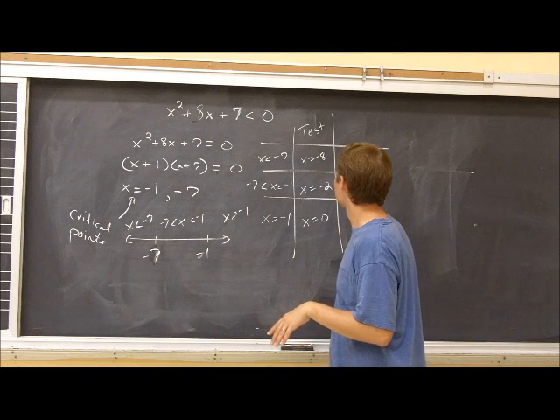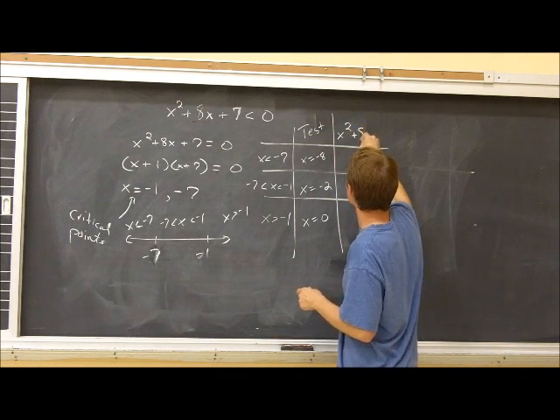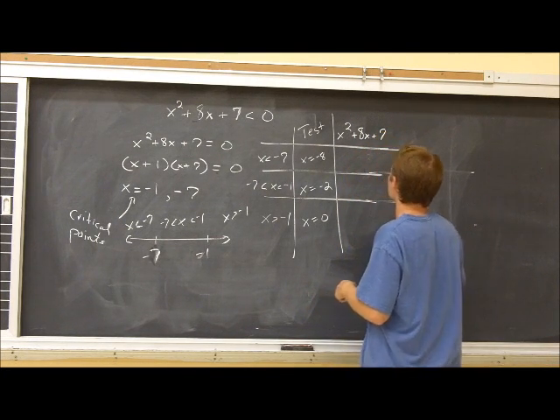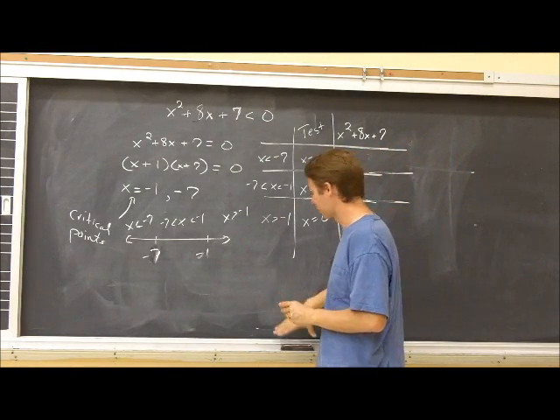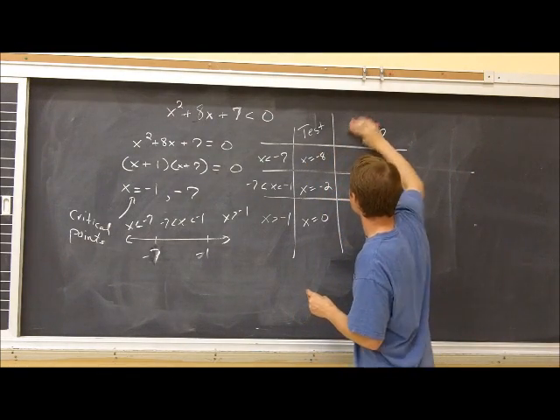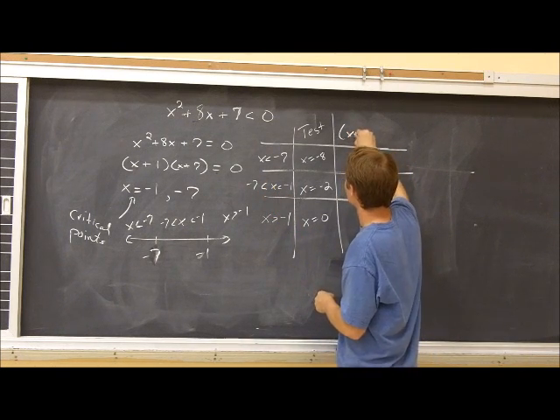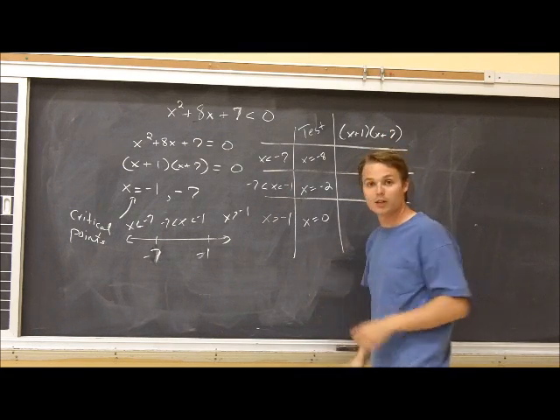So that's our idea. I'm going to take these values and plug them into x squared plus 8x plus 7, and we'll see what happens. Actually, I'm going to do this a little more stealthily. Instead of plugging them into this, I'm going to plug them into the factored form of my expression, and you'll see why in just a second. It will make the computation a lot easier.